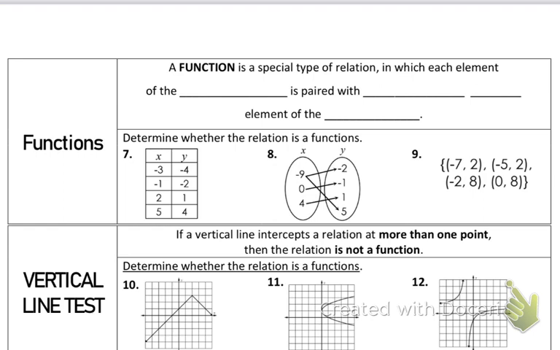All right, let's build to the bigger thing. Functions. A function is a special type of relation. So we can have a relation that's not a function.